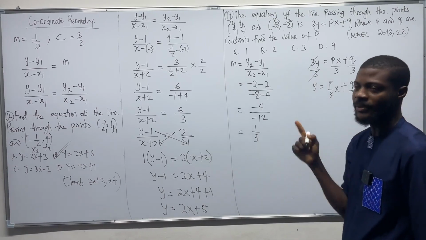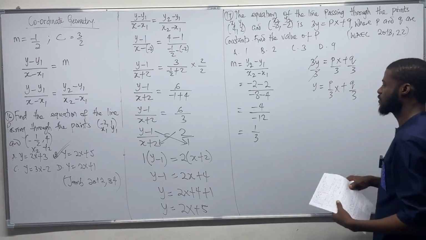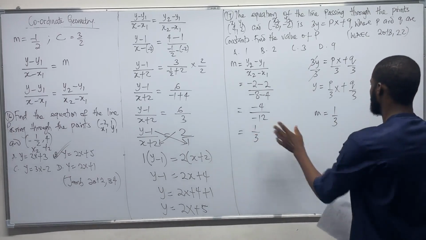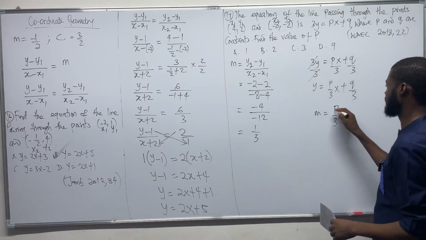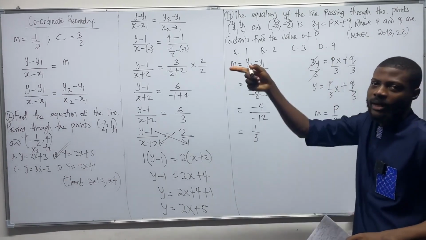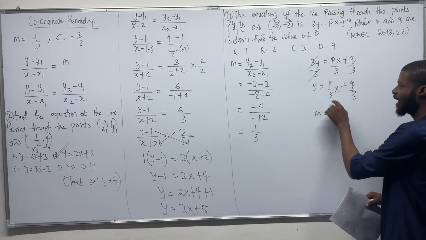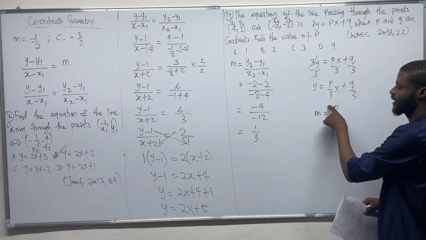Now remember I've said something before: that thing attached to x is always the gradient. So m is p over 3 by comparison. You see, I went ahead in time to write 1 over 3. So from this equation, we've been able to know that our gradient is p over 3.